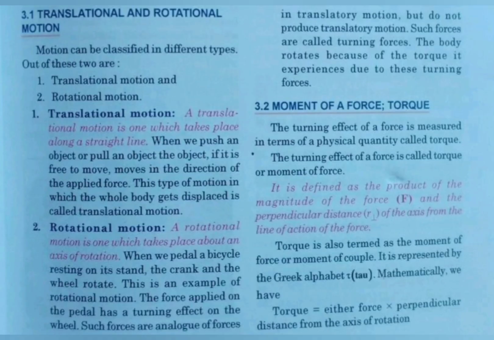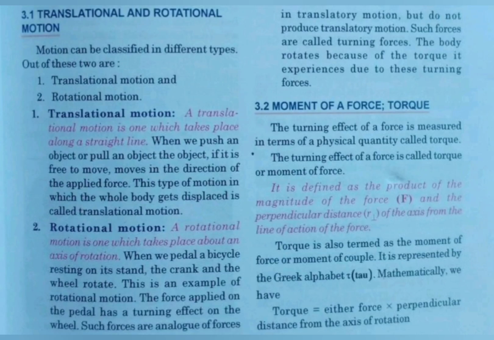Explanation: In rotational motion, different points of the body move in circular paths around a fixed axis. The distance traveled by each point depends on its distance from the axis of rotation. Examples: ceiling fan, bicycle wheel, Ferris wheel, Earth rotating about its axis.